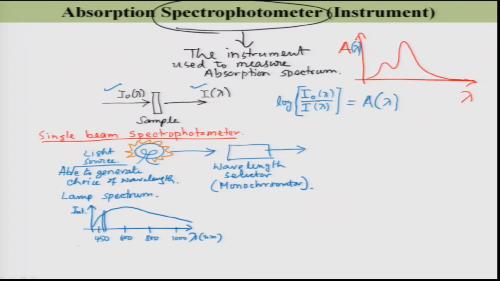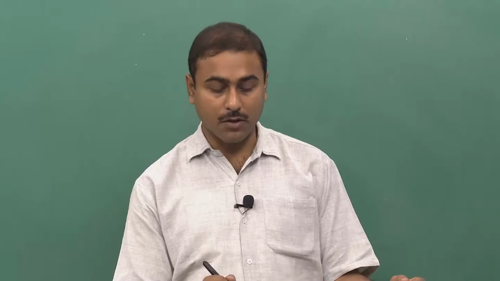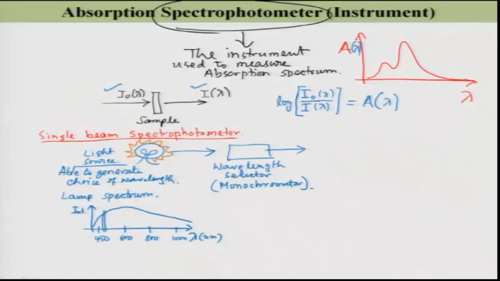If you use a deuterium lamp, you will get the UV region also. So, depending on the choice of your wavelength, you will choose your own lamp. Obviously, you do not want all the light to interact with the sample, because you want the wavelength dependence of the attenuation of the incident light I0 to I.